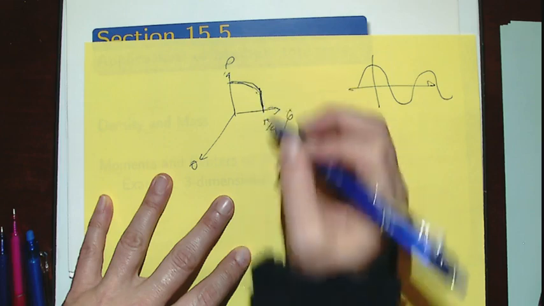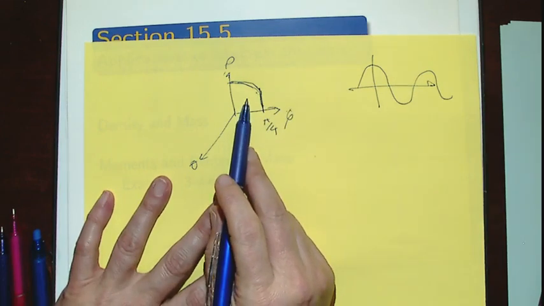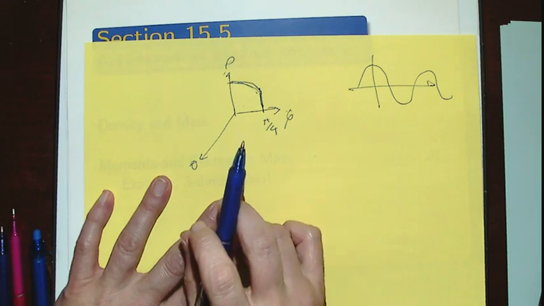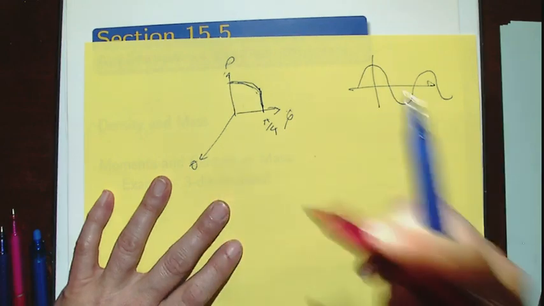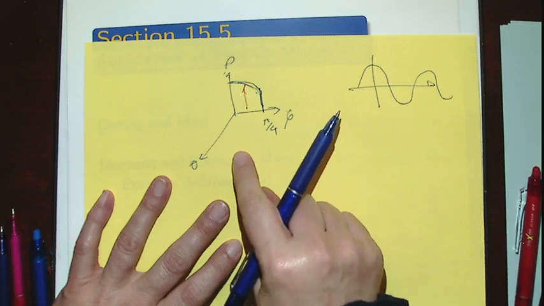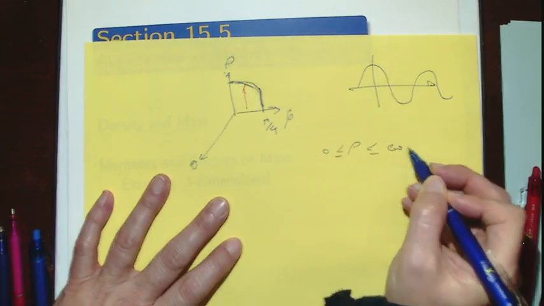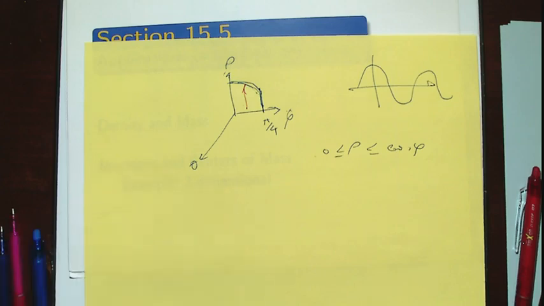And then it drops down. So is this rho simple or phi simple? Going up is simple, right? So rho simple. So rho is between 0 and cosine of phi, as we said. I'm checking what I wrote over there.